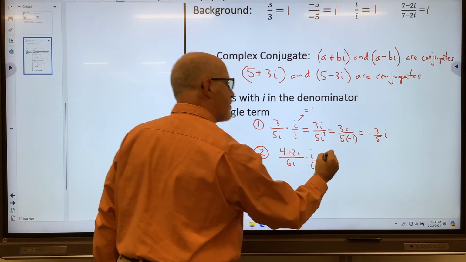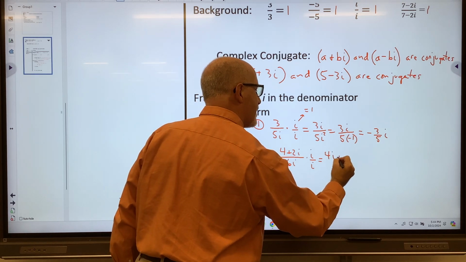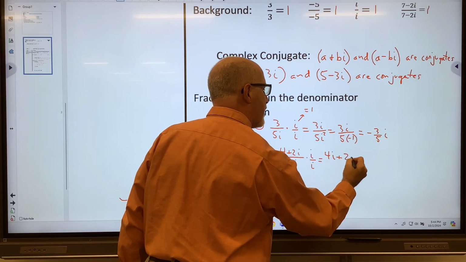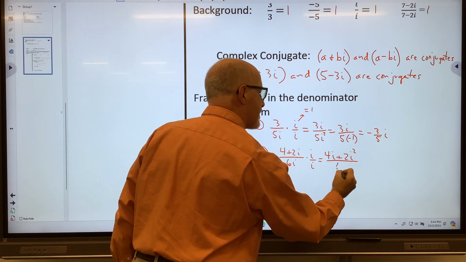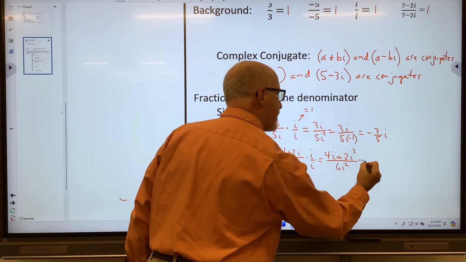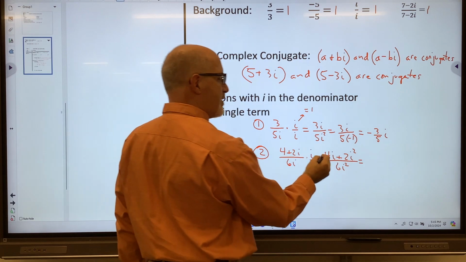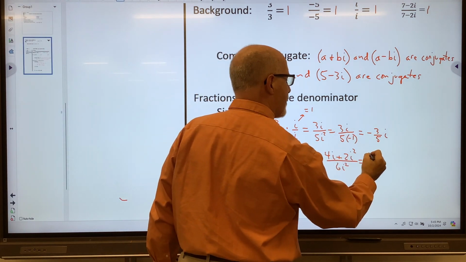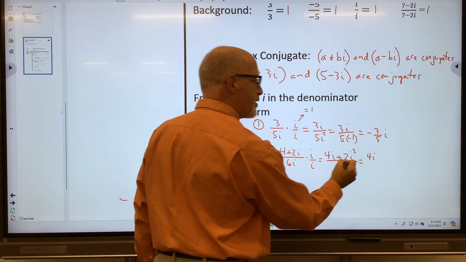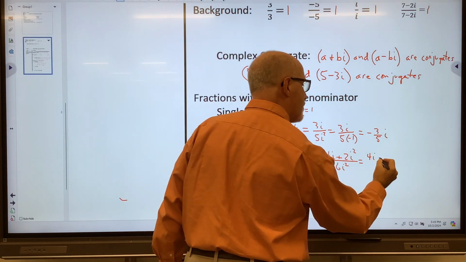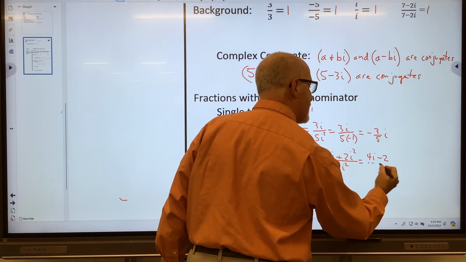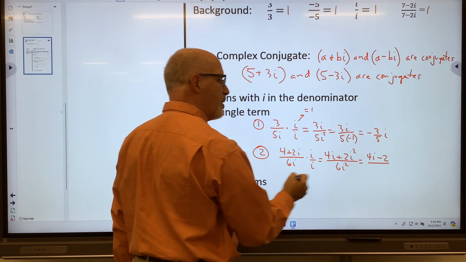Distribute through the i, so you get 4i plus 2i squared, and on the bottom we'll have 6i squared. How we rewrite this is 4i plus, what is i squared equal to? It's equal to -1. -1 times 2 gives me -2.